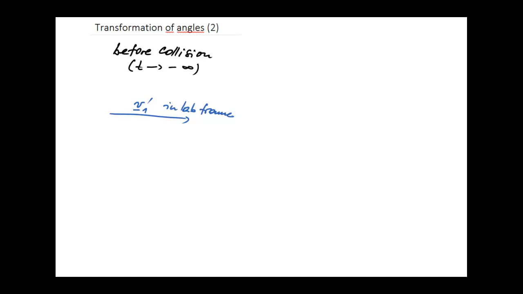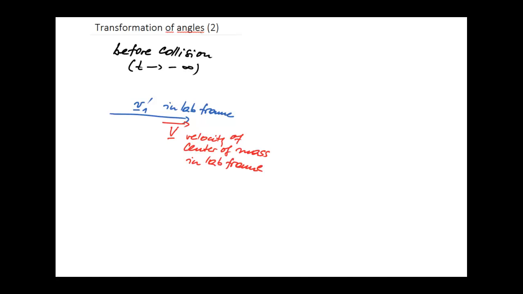The center of mass of the two particles is moving with respect to the lab frame. The center of mass is moving in the same direction as the projectile with a velocity capital V. This is the velocity vector of the center of mass relative to the lab frame.